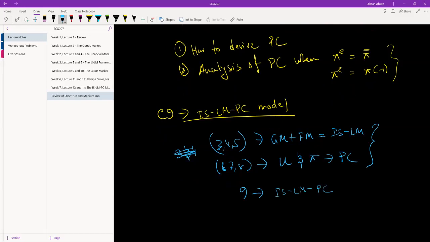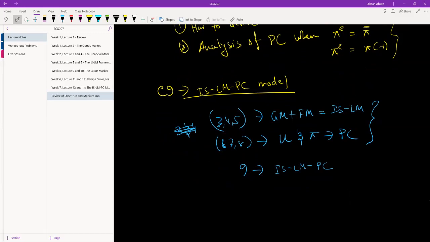So just take a step back and look at how far we have got before I start talking about chapter 9. You've all done Eco 102, and in Eco 102, we've talked about all of this. We talked about inflation and unemployment and the goods market and financial market. But when we did all of this in Eco 102, these were separate chapters. We looked at all of this in isolation, and there was really no relationship between, let's say, inflation and the financial market.